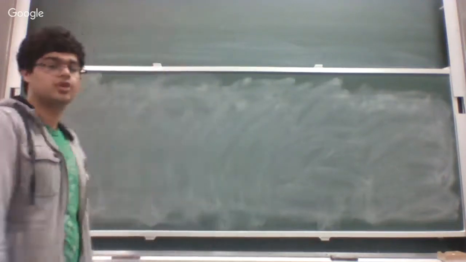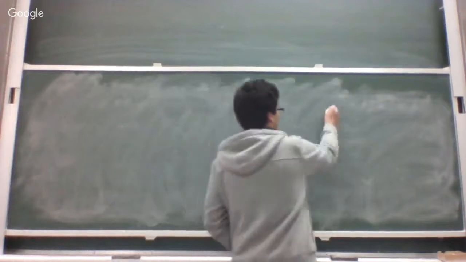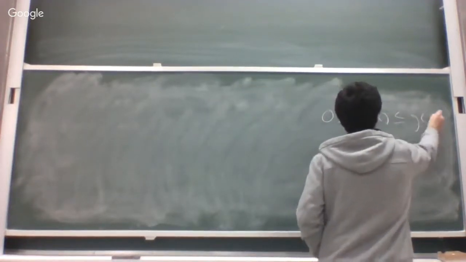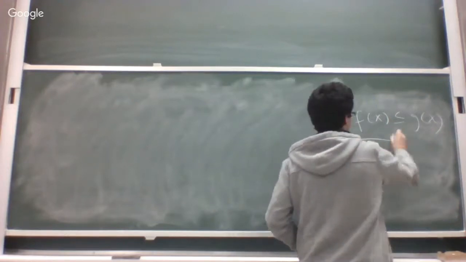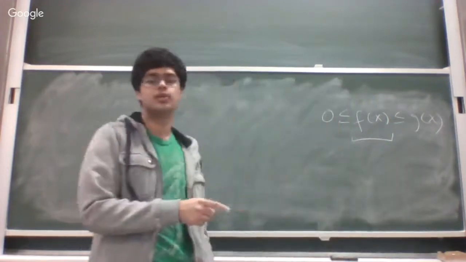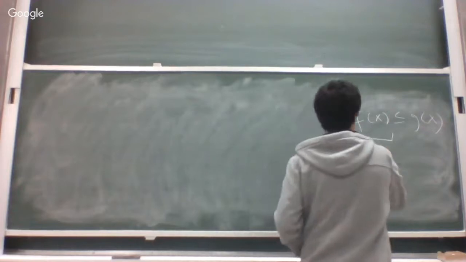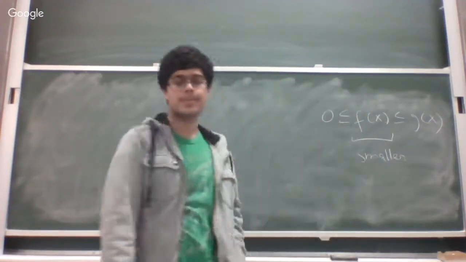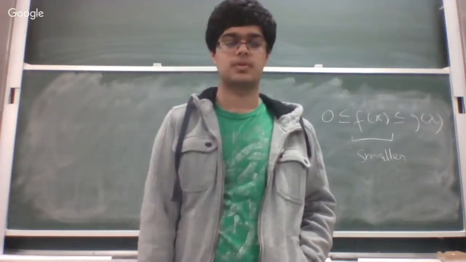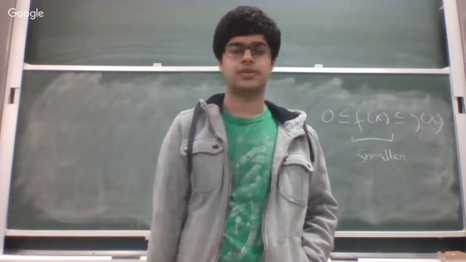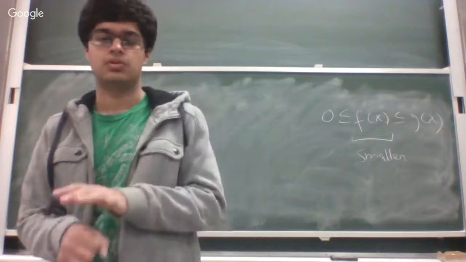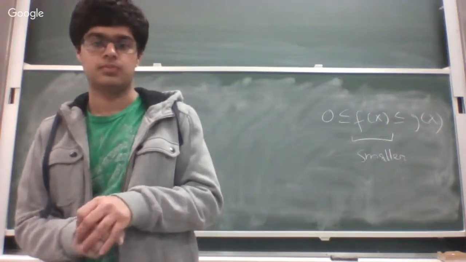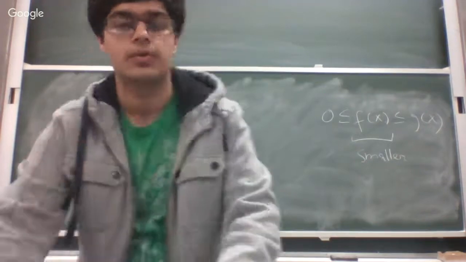Okay. So since we have... we know that one of them has to be lower than the other one, right? So we're saying f of x is the smaller. This is backwards in here.